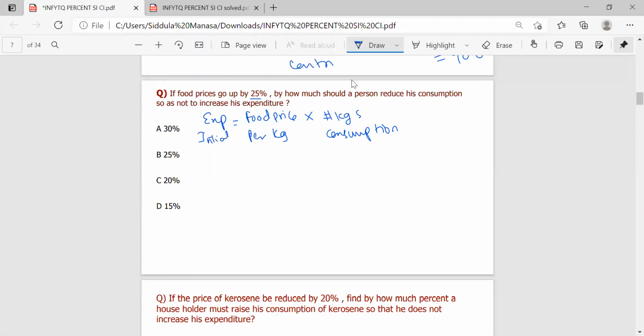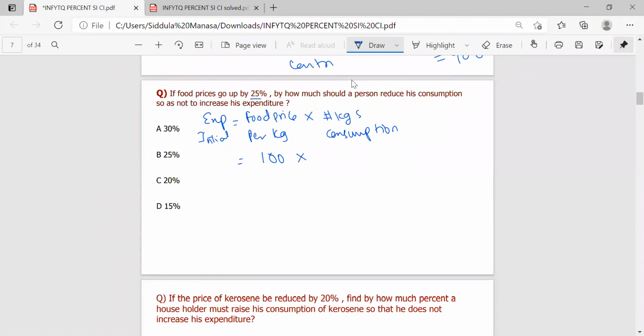Now, is the food price given or not given? The price per kg of food is not mentioned. Then you can go with good numbers like 100. If the question involves percentages and unknowns, you can go with 100. So 100 into the number of kgs consumed.